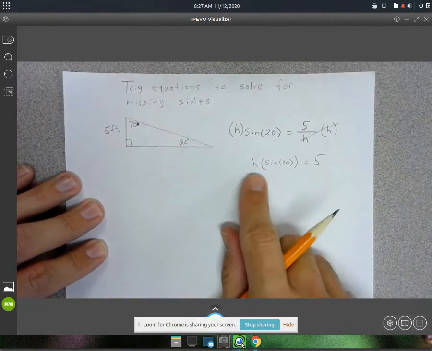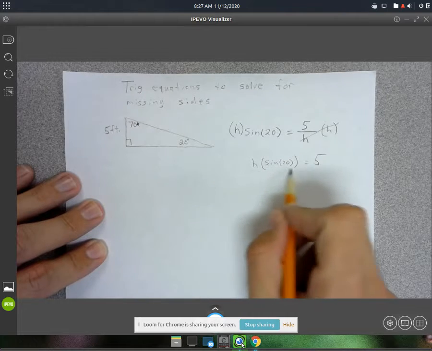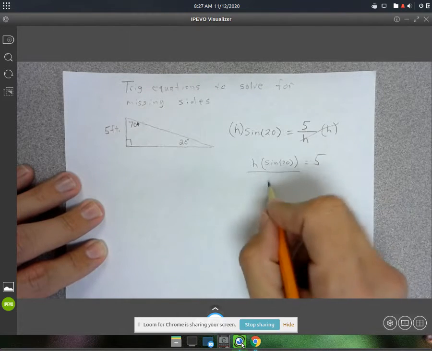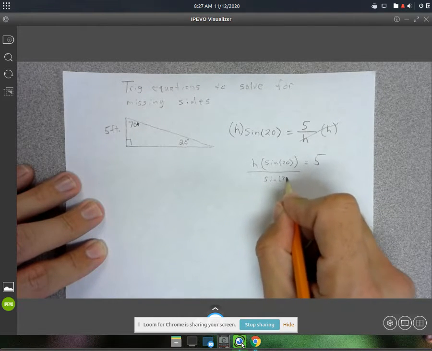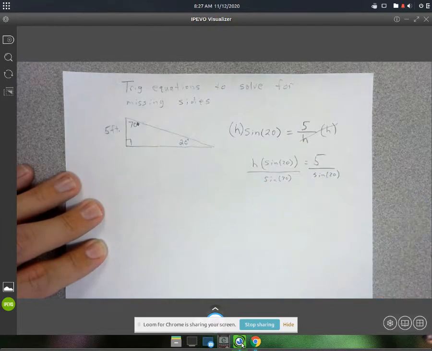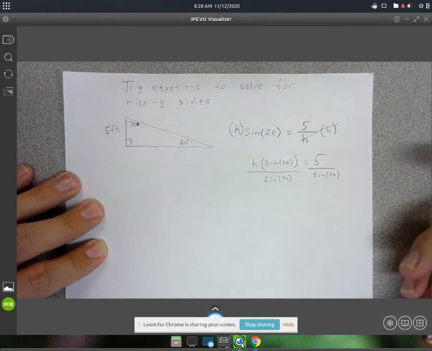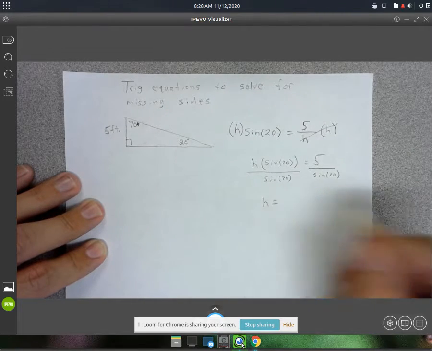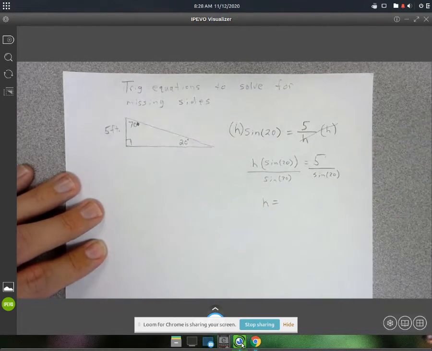Now to solve for h, we're just going to divide by sine of 20. The sine of 20s are going to cancel, and so your hypotenuse is going to be whatever this divides out to be.